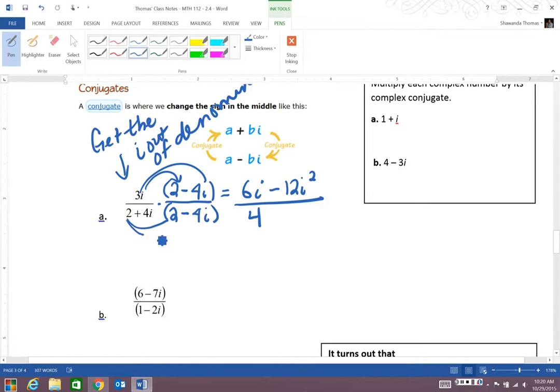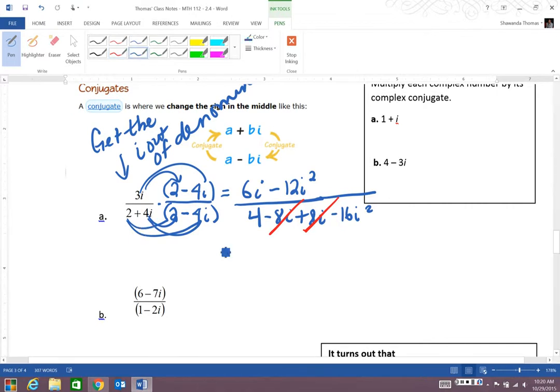Let's go through it. 2 times negative 4i, negative 8i. 4i times 2, positive 8i. And 4i times negative 4i is negative 16i squared. Again, that cancels here, which it always should, because we're multiplying conjugates times each other.